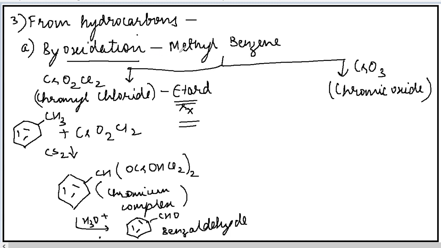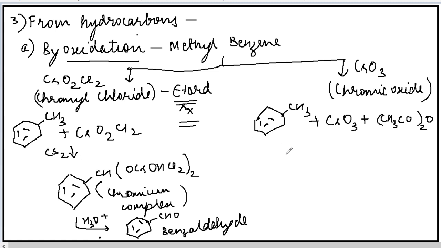Next reaction is oxidation of methyl benzene with chromic oxide. Look at the reaction. This is methyl benzene. When it undergoes reaction with chromic oxide, one more reactant is used here, that is acetic anhydride. This is acetic anhydride.